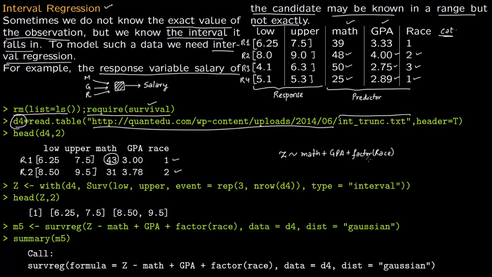Before we can do that, we have to make sure that the system knows that Z is coming in interval form, it is not coming in standard values.